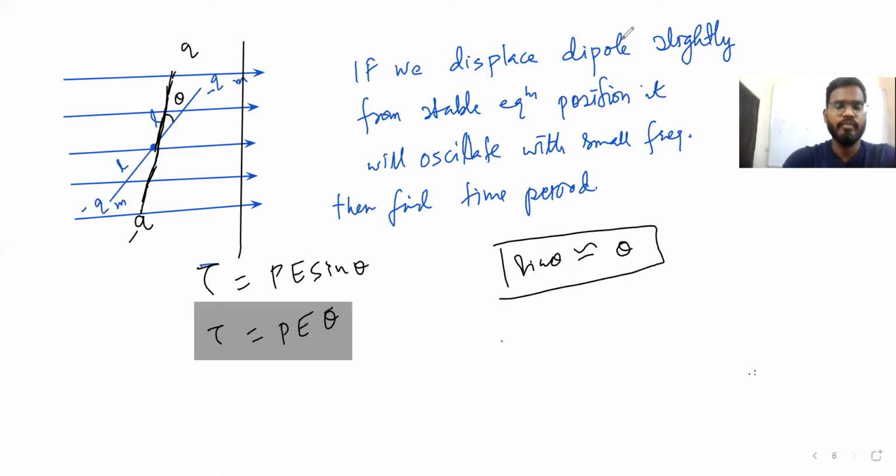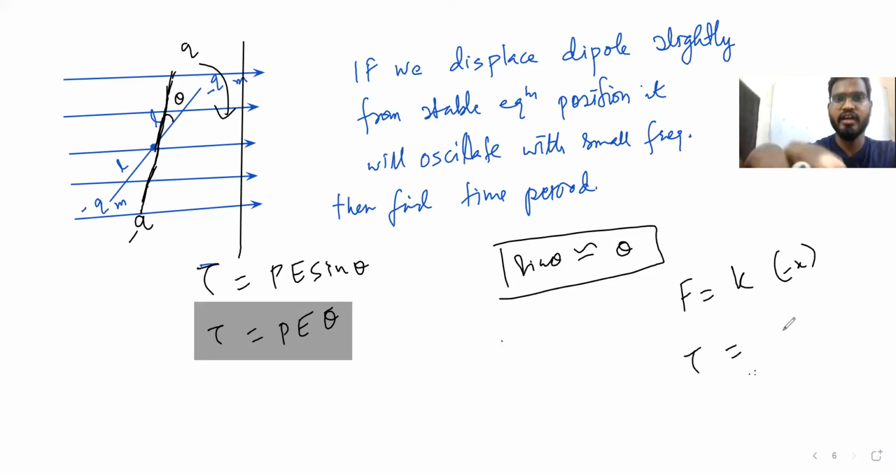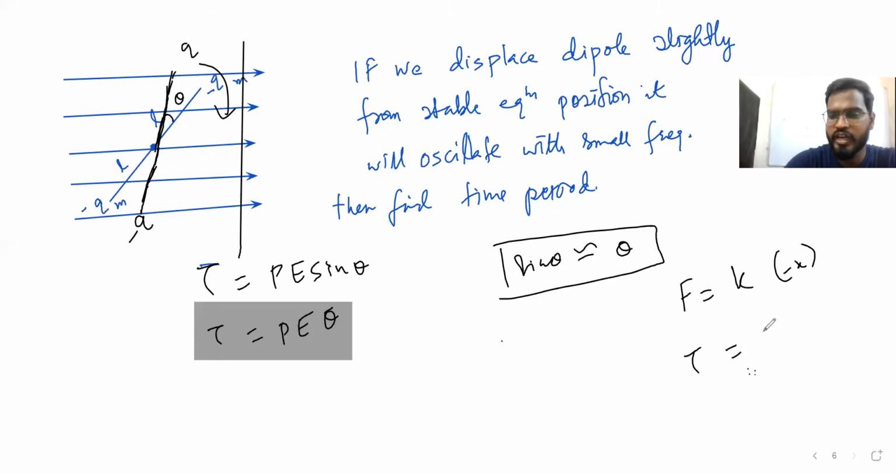The next thing we are going to do: if you see, the torque direction is in this direction, but theta is in the opposite direction, right? So force is equal to minus kx, right? Same thing here, torque is equal to minus of theta.